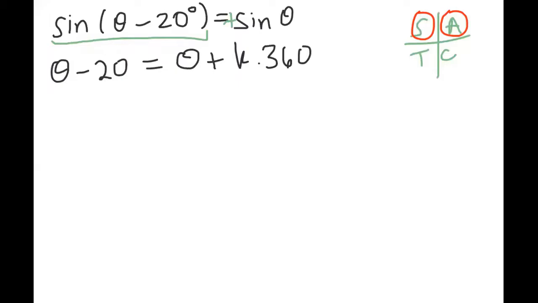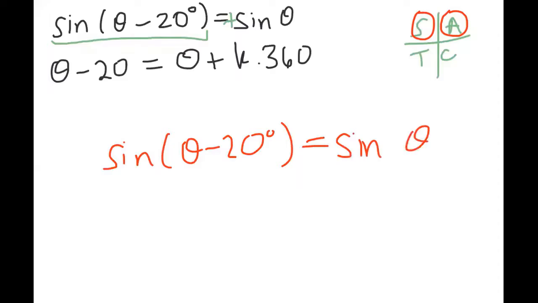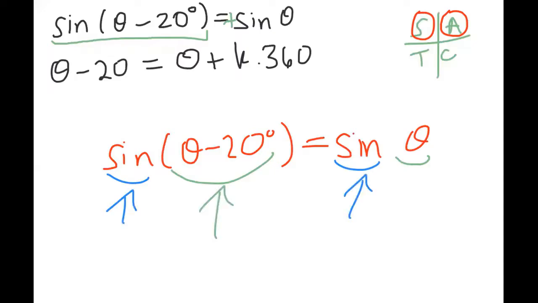But if you look at this, let me just write it again, just to show something. You have sine of something, which is the same as sine, and then you also have a bracket with something in it. But because the two sines are the same, this will be equal to that.